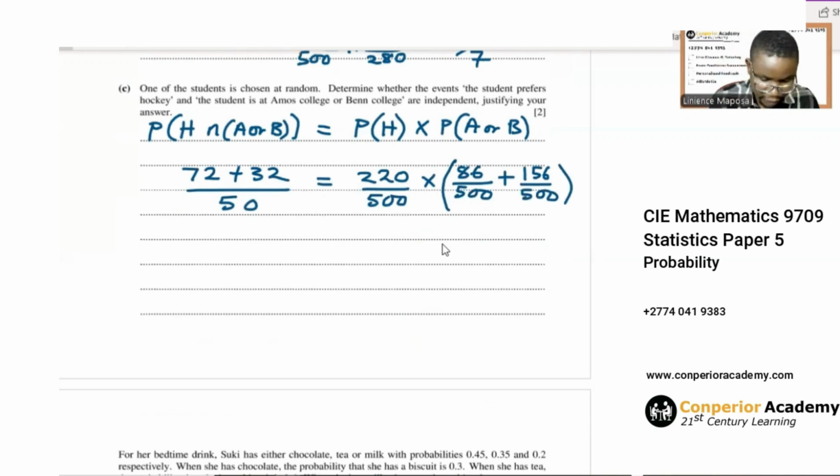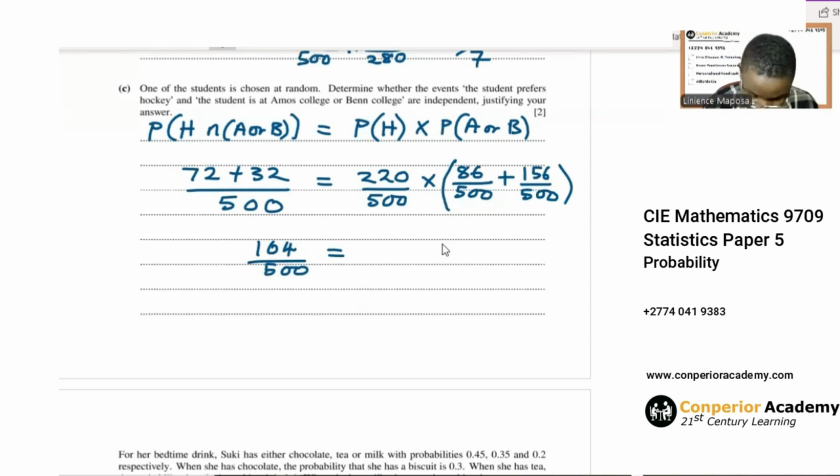I want to see if they give me the same result on the left and the right hand side. So 72 plus 32 equal to 104. Okay, I left out a 0 here. So this is 104 over 500 equal to 86 divided by 500.